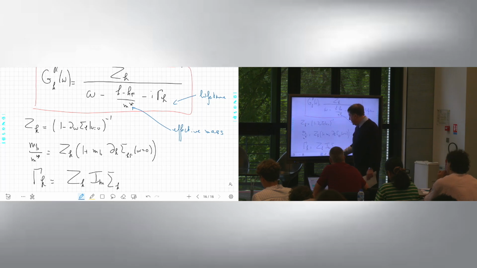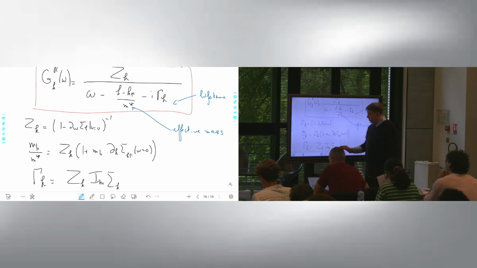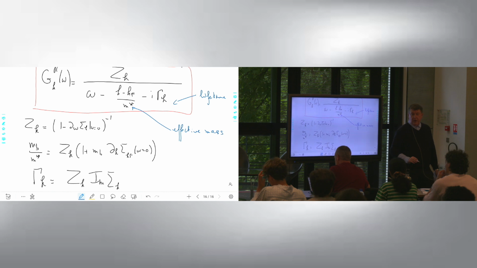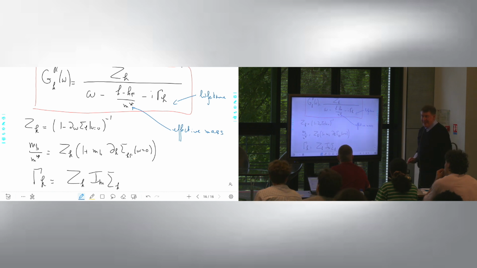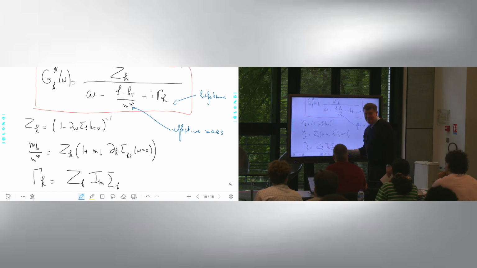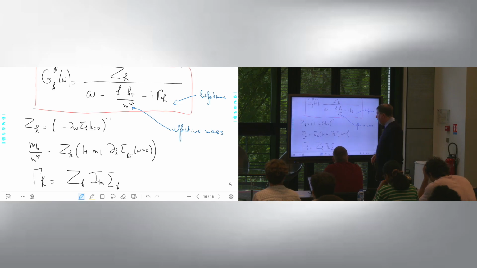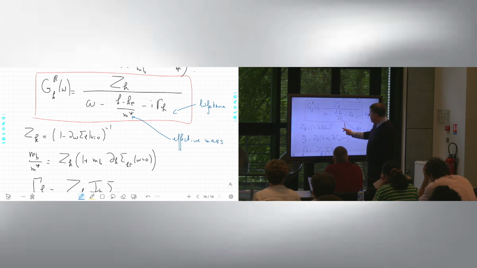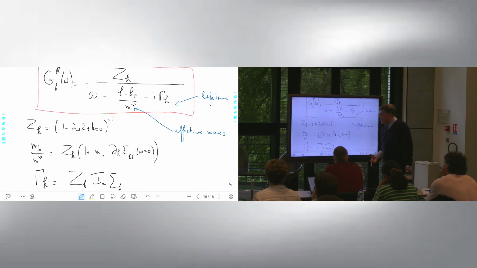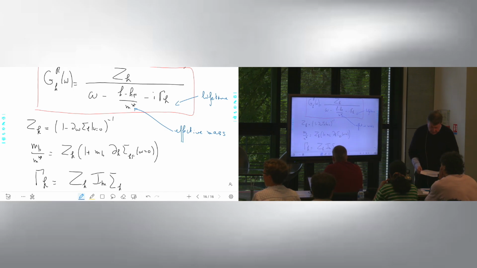Note that gamma is not just the imaginary part of the self-energy, but multiplied by Z. It's an error that many people often make, to forget that there is a Z factor here. So you see that the self-energy is quite a rich object. Its frequency dependence gives you the quasi-particle residue. Its k-dependence gives you the effective mass. Its imaginary part gives you the lifetime, everything which you wanted to know about the quasi-particle peak.